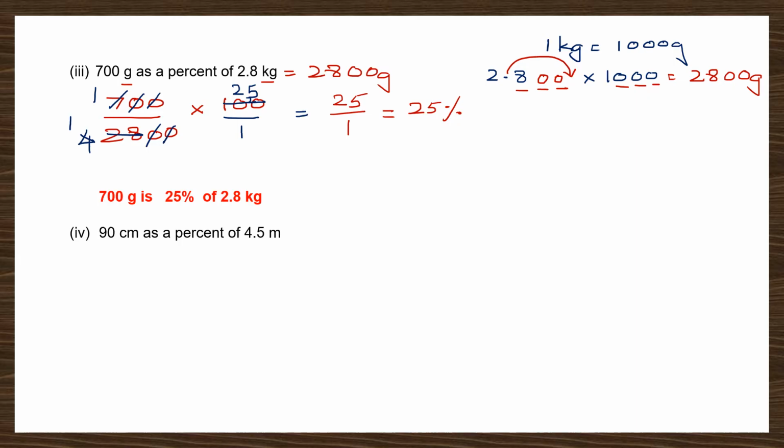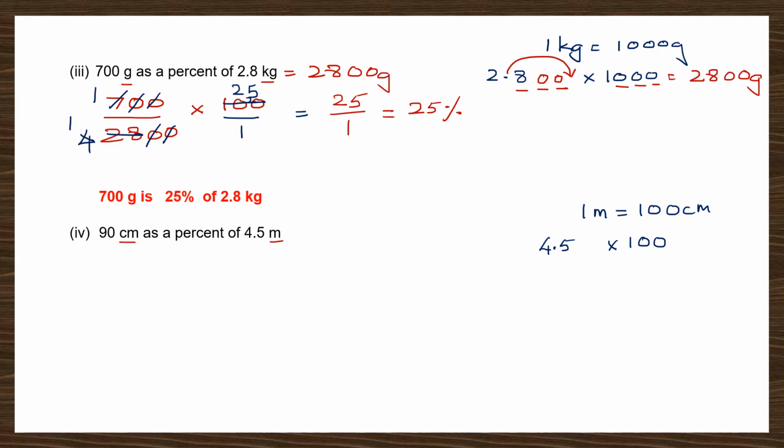Question 4. 90 centimeter as a percent of 4.5 meters. So again we have two different units, centimeters and meters. So let's convert meter to centimeter. 1 meter has 100 centimeters. Therefore, 4.5 meters will be 4.5 into 100.